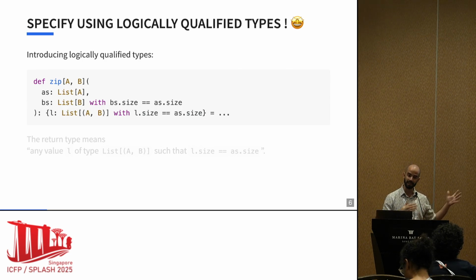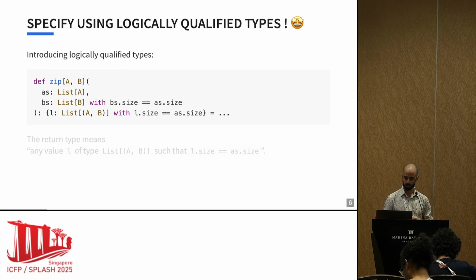Here is again the signature of the zip function, this time with logically qualified types. You see that we require a list of B, and after that you have this with, and then you have a condition. This condition is just a term, an expression of type Boolean, that must be true when we call the function. Similarly, you see here the return type, where the result that we name L has the same size as the input.